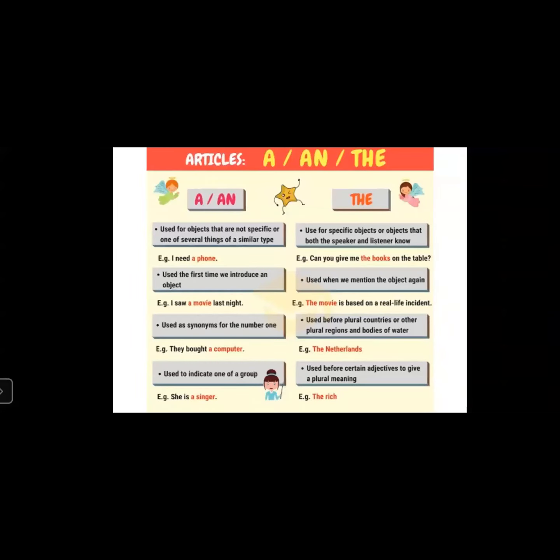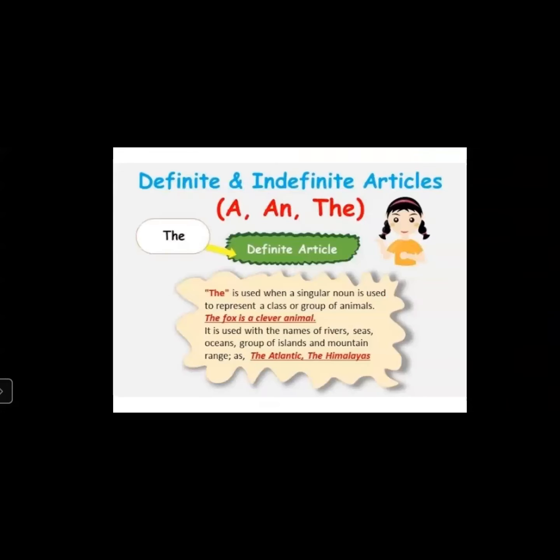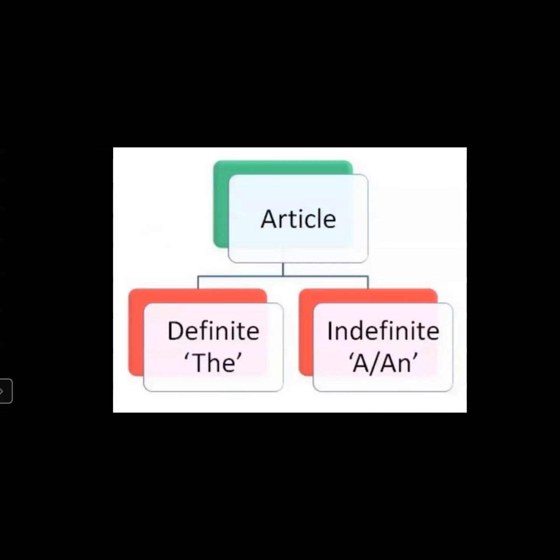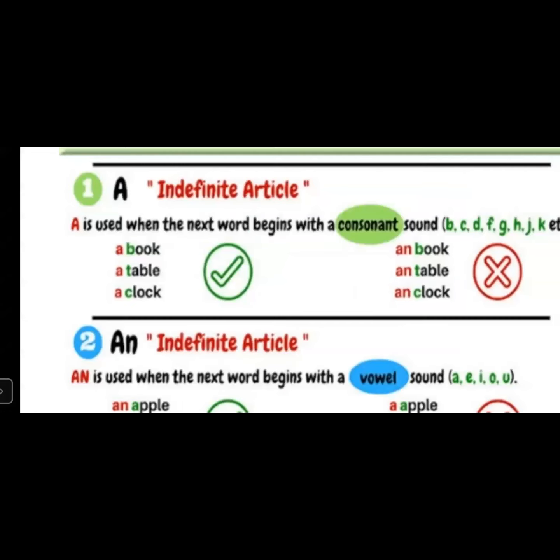That is the indefinite article. Now we will see what the indefinite articles are. Indefinite article means a or an. Now a is used when the next word begins with a consonant.